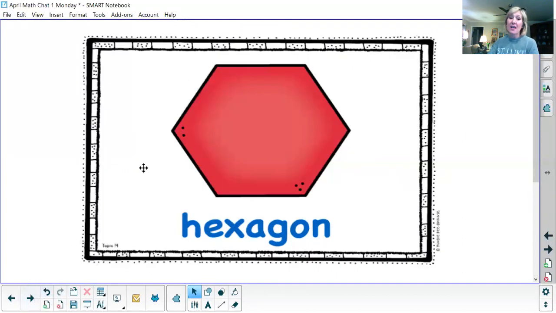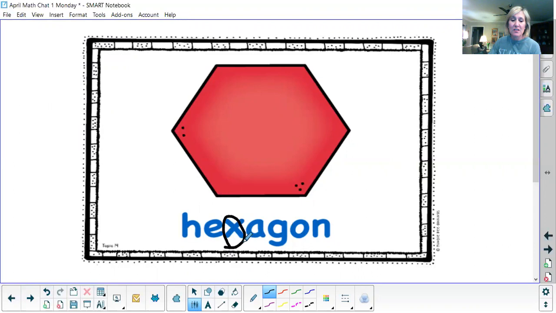And another shape that you may or may not know is the hexagon. I like to remember hexagon because it has an X in it. The X helps me remember that a hexagon has 6 sides and 6 vertices.